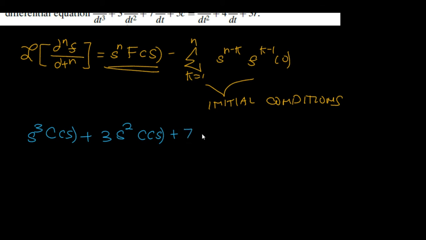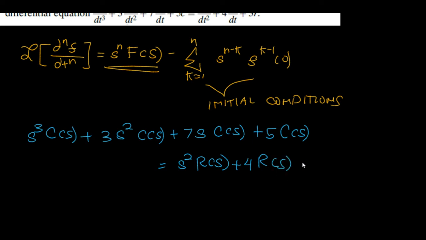So ito ay magiging 7s C of s plus 5 C of s. Okay? So walang naka-multiply na s since wala namang derivative. So equals to s squared R of s plus 4 R of s plus 3 R of s.